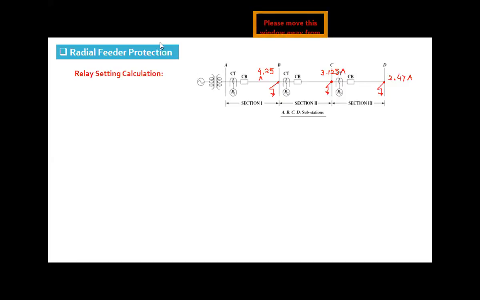So for R3, without any calculation, you should select the value 0.1. Remember this, okay? For R3, TMS is 0.1 selected.